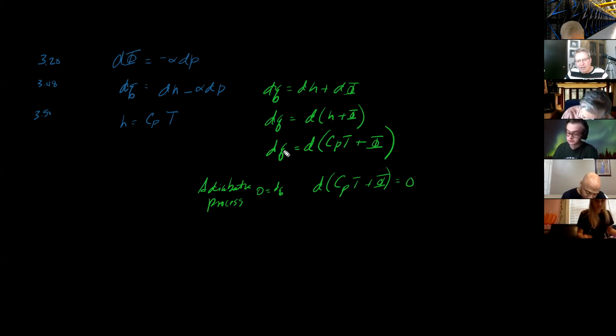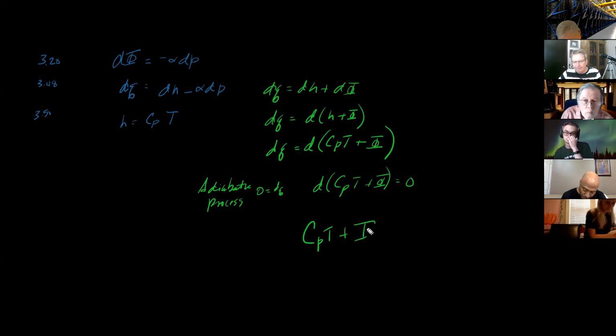If dq, how much heat am I applying, is 0, then the change of these two terms together must be 0, which means that this must be, oops, not 0, constant.